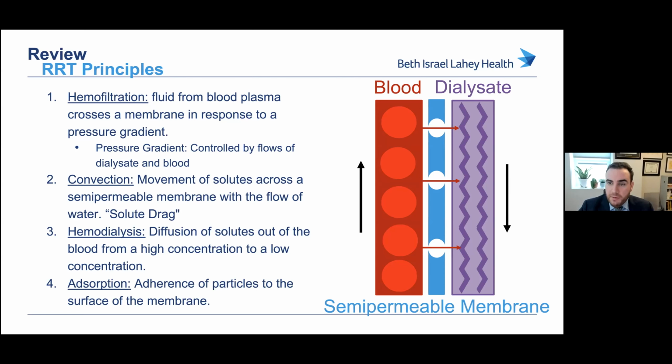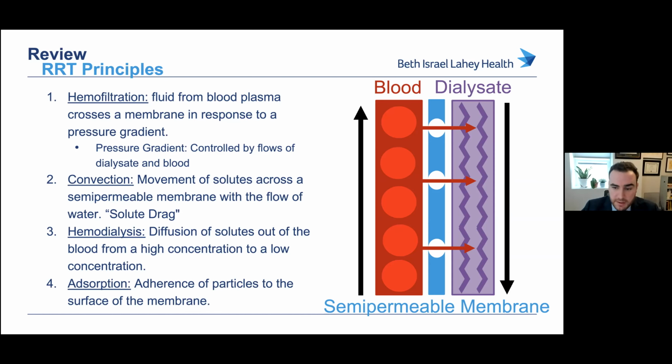If you have low flows of the blood flowing in one direction, the dialysate flowing in the other, you'll have low hemofiltration rates. Now, if you increase the flow of blood and dialysate in the opposite direction, you can increase the pressure gradient and thereby increase hemofiltration.